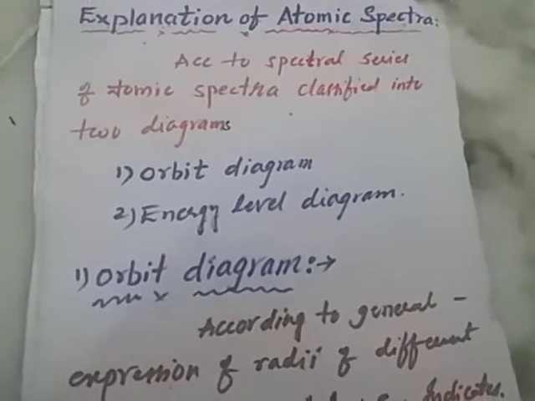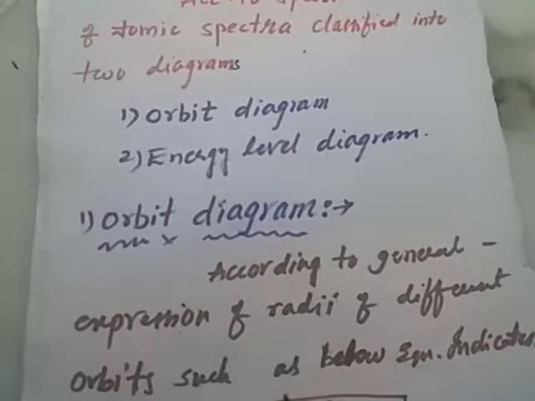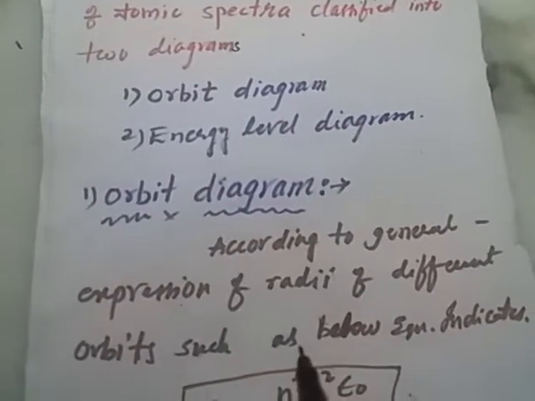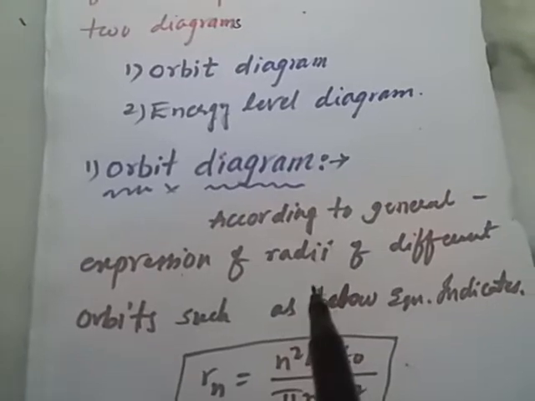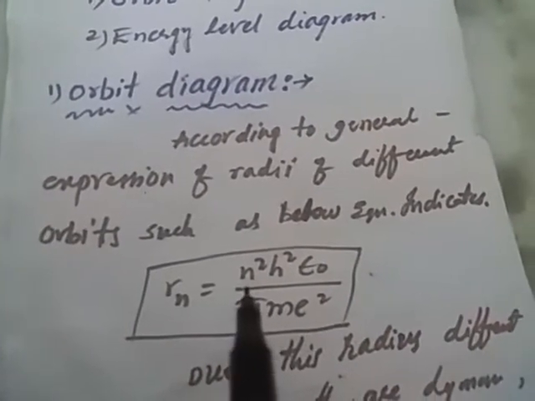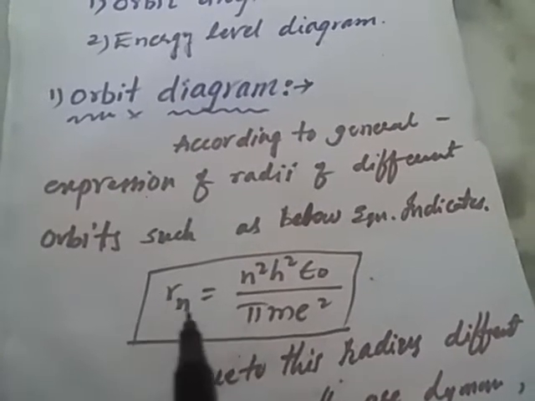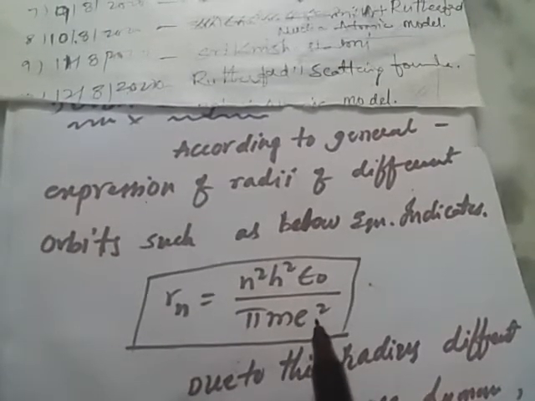The orbit diagram is represented according to the general expression for the radius of an electron in a hydrogen atom. What is the nth radius of an electron in a hydrogen atom in the Bohr atomic model? That is Rn equal to n square h square epsilon naught by pi m e square.